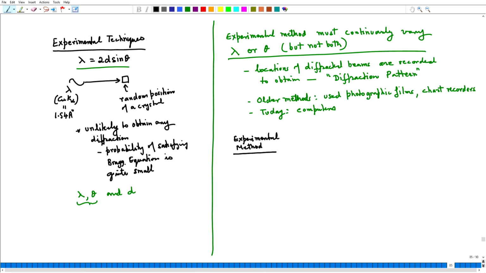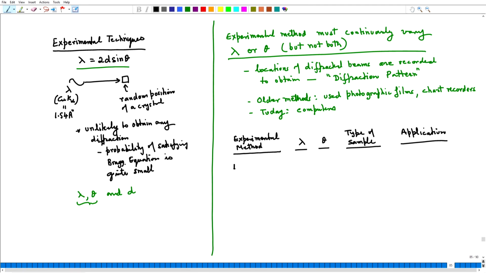Experimental method, and then whether we are varying lambda or we are varying theta, type of sample used, and the major application.